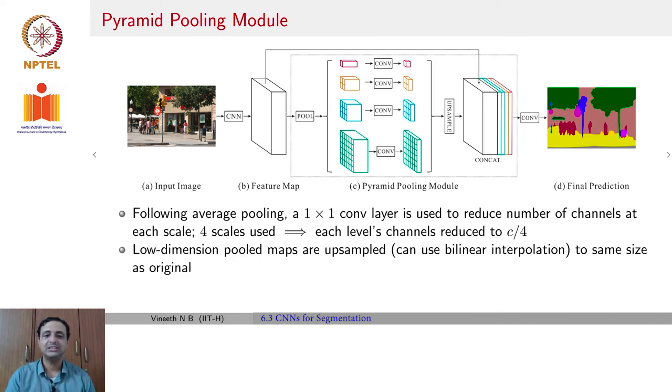The reason is, once these 1x1 convolutions are performed, all of these are upsampled and concatenated. Each of these pooled maps is upsampled using simple bilinear interpolation, and then they are concatenated, and this concatenated volume is going to have the same number of channels as the original feature map. Once this is done, this is then sent through a convolutional layer to get your final prediction of segmentation.